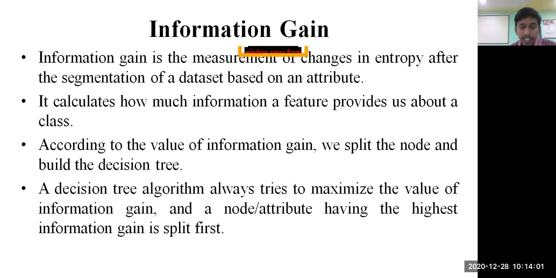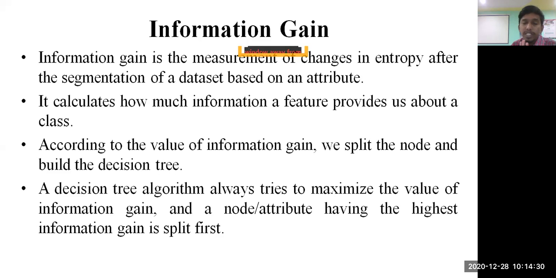Okay, so a decision tree algorithm always tries to maximize the value of information gain, and an attribute having the highest information gain is split first. Everybody should keep this statement in mind. In a decision tree, the information gain value should be maximum if you want to select the best splitting attribute. Suppose I have four information gain values.